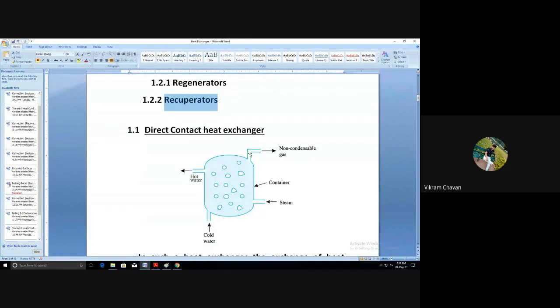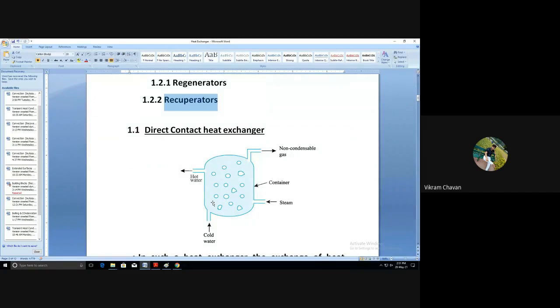What you understood from this example is that if two fluids are allowed to mix with each other, and the heat exchange happens between those two fluids, then that heat exchanger is called a direct contact heat exchanger.